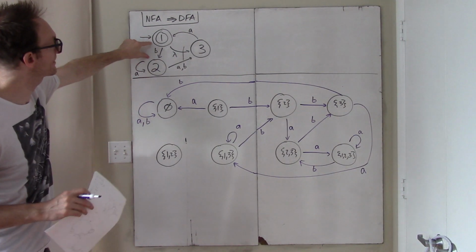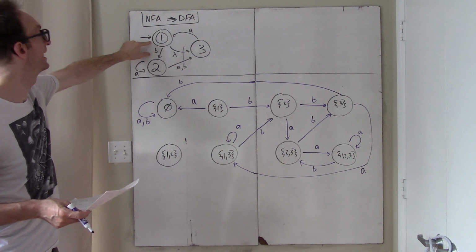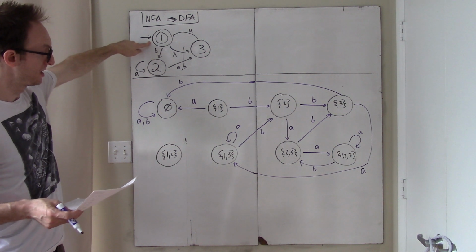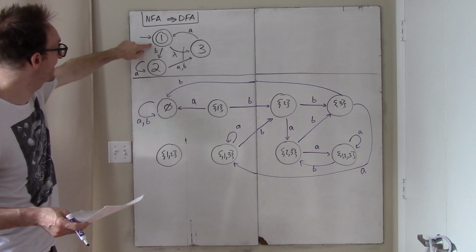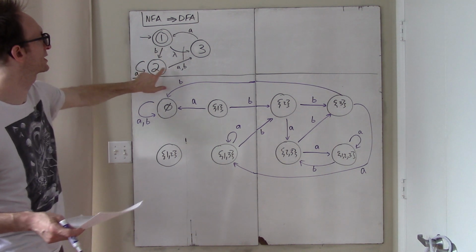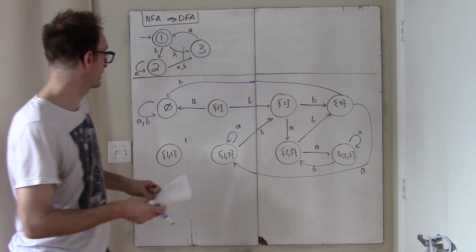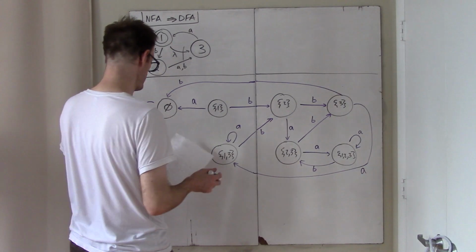Well, if I'm in 1 and 2 simultaneously and I read an A, from 1 there's no direction for what to do when reading an A, but from state 2 when I read an A, I'm supposed to go to 2, 3. So from 1, 2, when I read an A, I'm supposed to go to 2, 3.